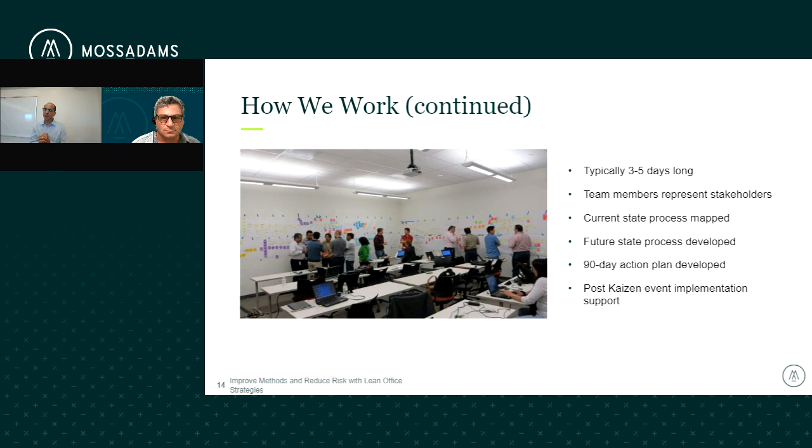Then on Tuesday, we focus on the future state, on what the process would look like Monday onwards. During the current state, we map the pain points, the pain that operators, people, and managers are having with the process.